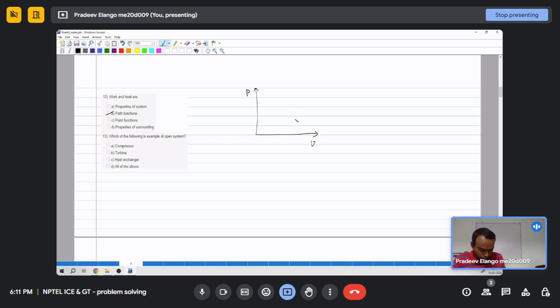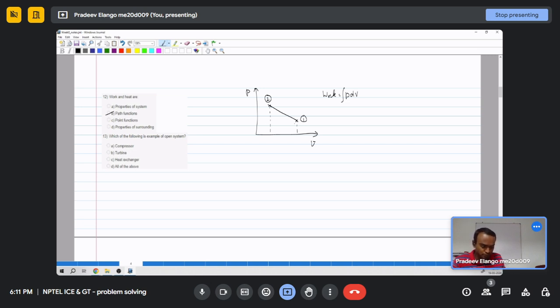So if you draw a process in the PV diagram and you have some process going like this, where say from state 1 you move to state 2, undergoing some process. Now how do you calculate the work? Work is integral PdV, and that will be the area under this curve, right?